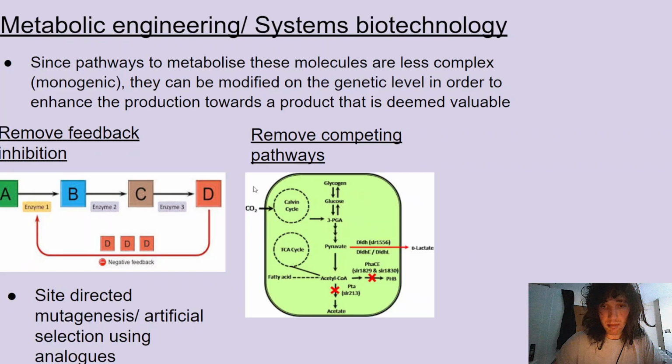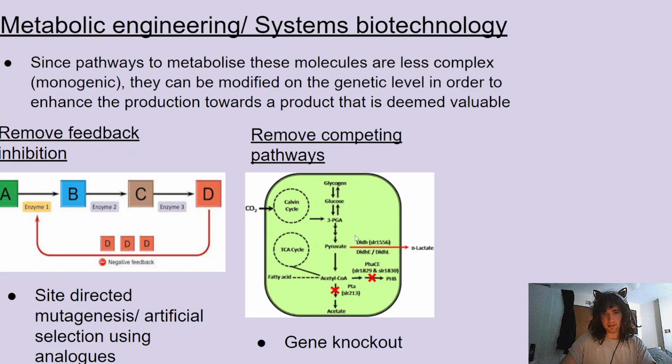We can remove competing pathways via gene knockout, so via recombination events, right? We can knock out this gene that makes acetate, and we can knock out this gene that makes PHB, which both take away the flux from pyruvate, which is a precursor for beta-lactate, our metabolite of choice. Now you might say, hey Aaron, why don't we just inhibit the conversion of pyruvate to acetyl-CoA?